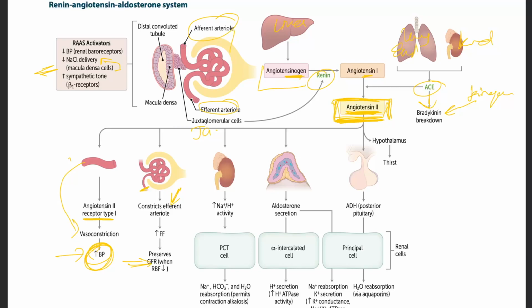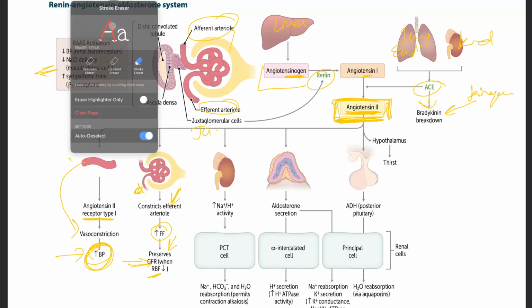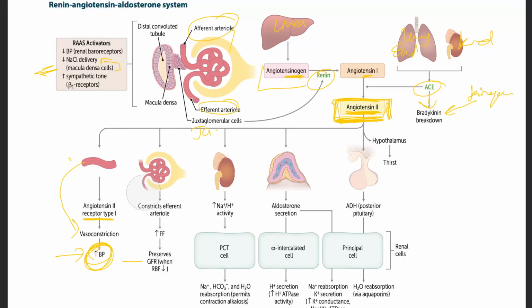When you're constricting the, look, they have a nice picture here. They have constricted the efferent arteriole, so you have an increase in filtration fraction that would preserve the GFR when there is a renal blood flow decrease. So the question is how all of this is happening.